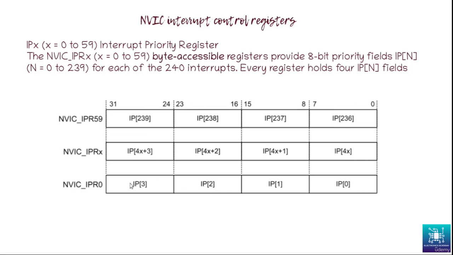Now it is not shown here, but like the SCB, these registers will also have their fields divided into 4 bits and 4 bits, and we can only write into the upper 4 bits, and the lower 4 bits are actually ignored even if we write anything in there. Because the upper 4 bits are used for interrupt priority grouping and sub-priority grouping. So that is something that we need to keep in mind.